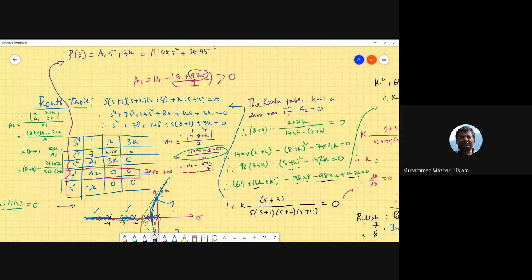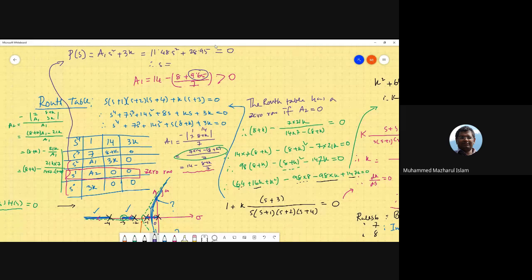Now, when we were dealing with the zero row, we used the polynomial to fill up the values of the zero row. In this case, we don't have to go through that process. All we have to do is equate this with 0 and then find the solution of s.